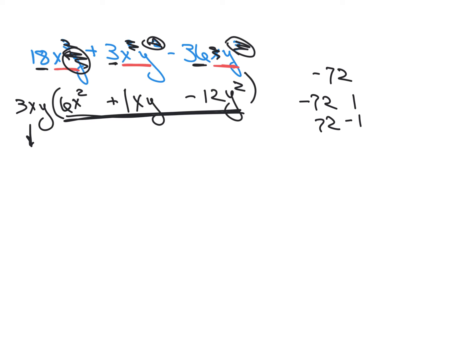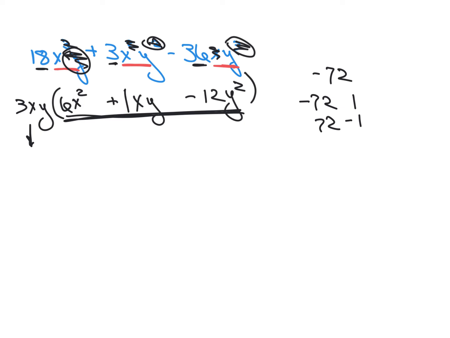One of the things that gives you a little bit of an idea of which numbers to pick: we need them to multiply together and give me negative 72, and add together and give me a 1. So the difference between the two numbers I pick has to be 1, so that when I add them, I get a 1.